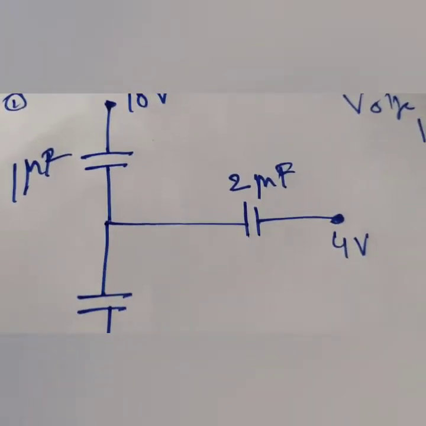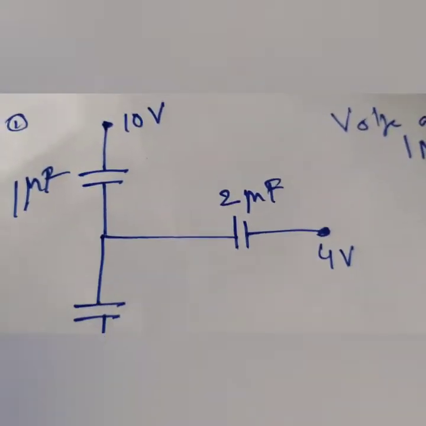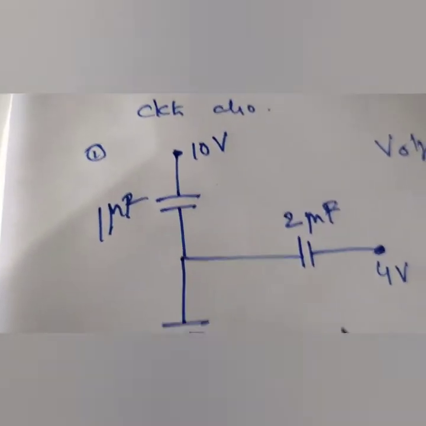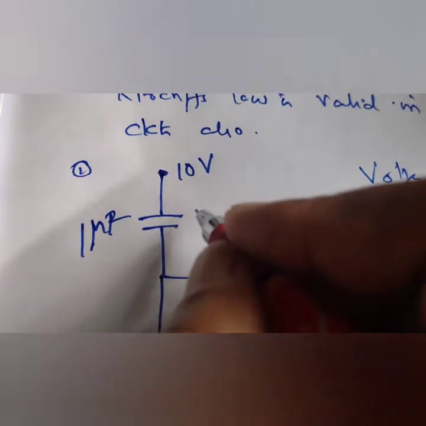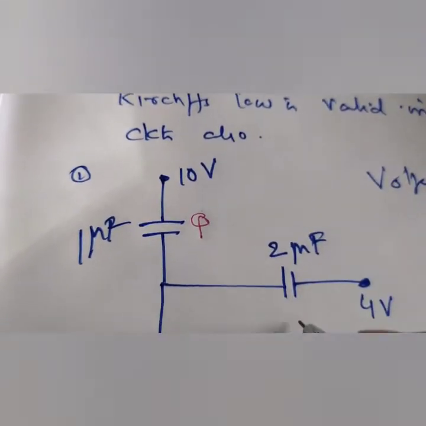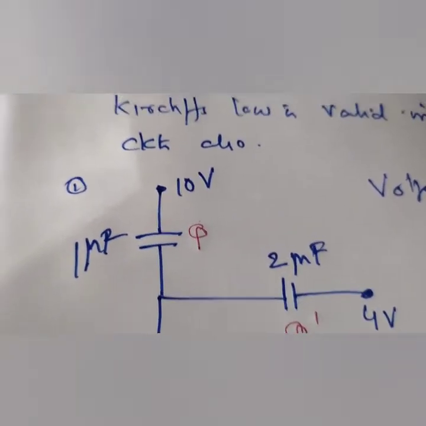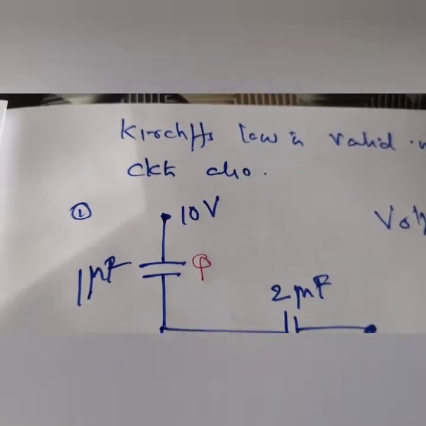If it is 4 volt, now we will see how to solve the problem. For solving, the charge across this capacitor is Q. Here let us consider Q dash. Here let us consider Q double dash. Here it is 2 microfarad.